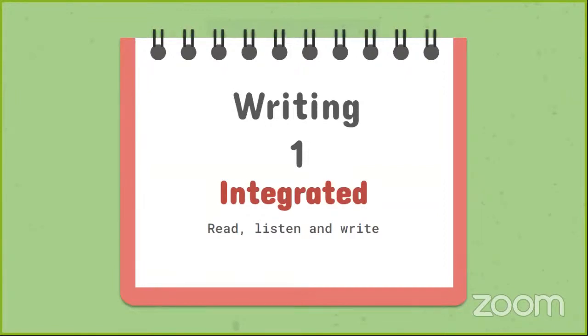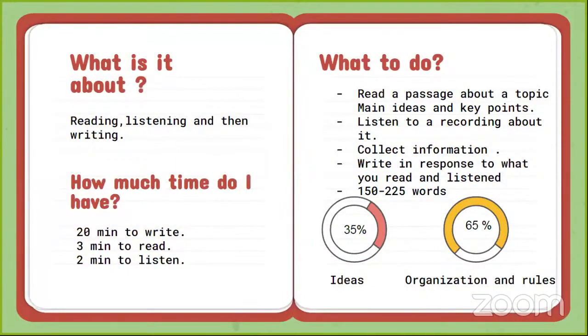In this part, you're going to read, listen, and write. You will read a passage. After that, you're going to listen to a recording, a conversation about that passage. And finally, you will have to write based on a question that will be provided to you. So let's move on. Mariela, can you help me reading this?